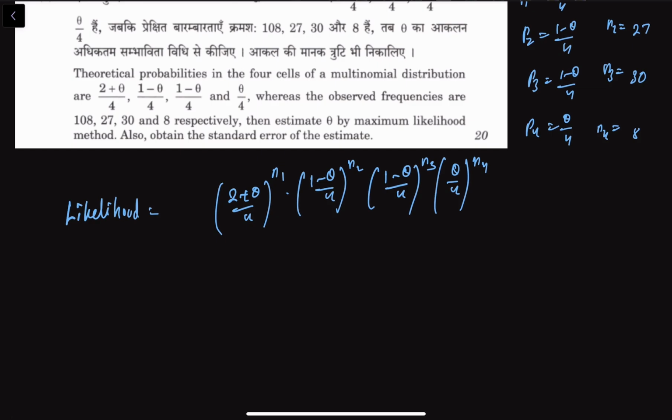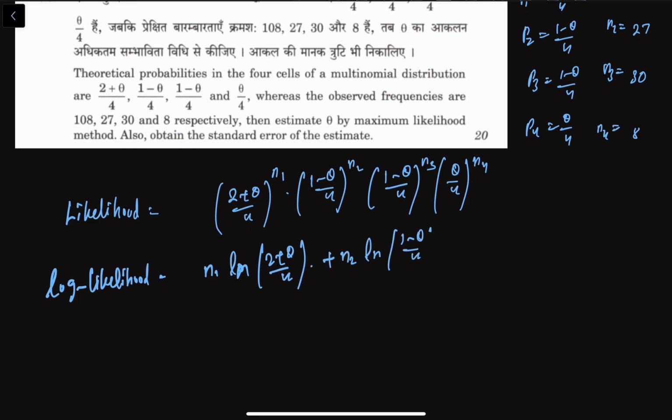So the log likelihood is n1 ln((2 plus theta) by 4) plus n2 ln((1 minus theta) by 4) plus n3 ln((1 minus theta) by 4) plus n4 ln(theta by 4).